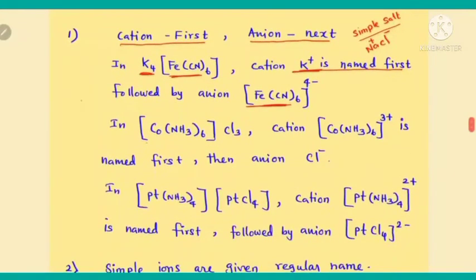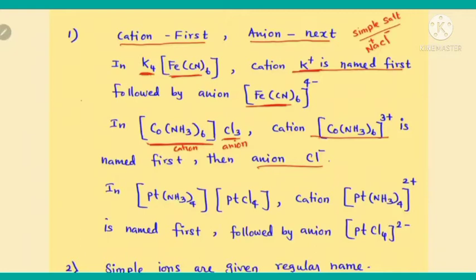Similarly, in the next complex, this square bracket portion is the cationic part and this is the anionic part. While giving the name of this complex, the square bracket portion is named first, followed by the anion Cl-.